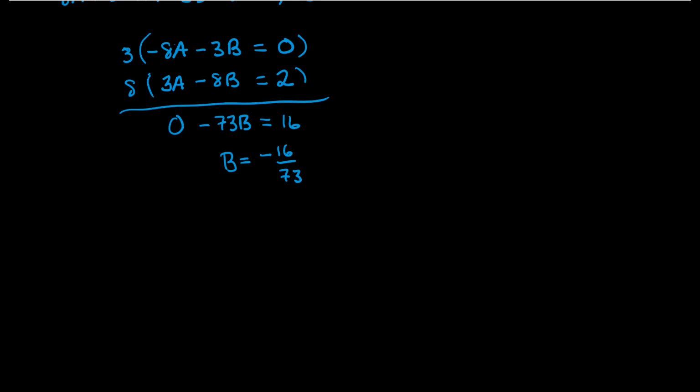All right, to solve for a, all I need to do is to substitute b into one of these two. I'm going to take the second equation. So I'm going to have 3a minus 8 times a negative 16 over 73 equals 2. Okay, so what this is going to wind up giving me here is a 3a, and the minus times the minus is going to be a plus, and I'm going to have then the 16 times the 8, which is going to give me 128 over this 73 equals 2.